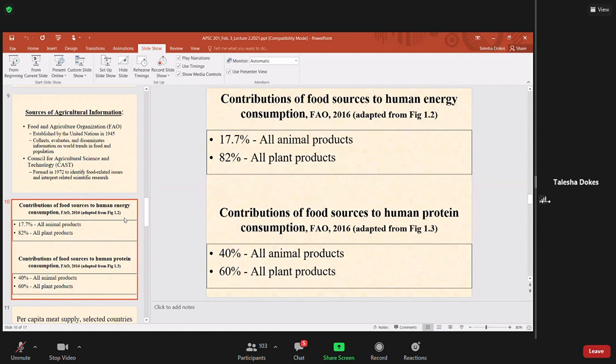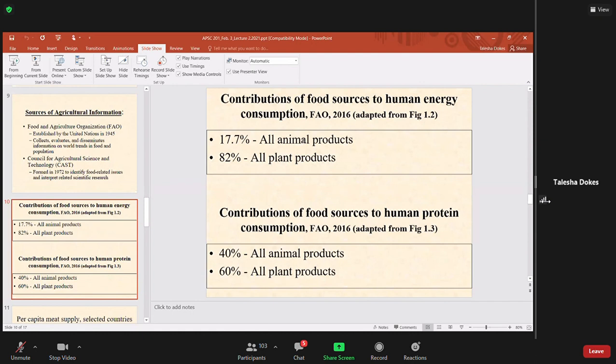So in the first chapters, this is from Figure 1.2 in Chapter 1. It has diagrams that break down the contribution of food sources to human energy consumption and human protein consumption, and how much each is allocated.